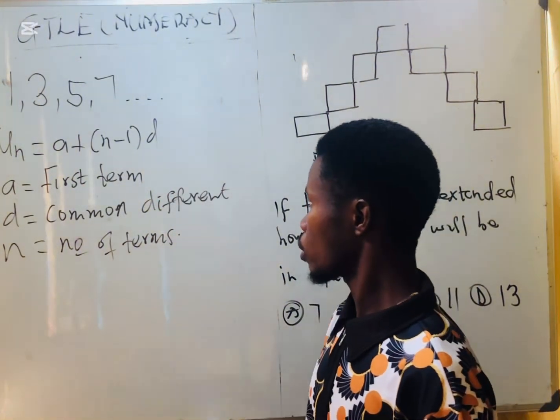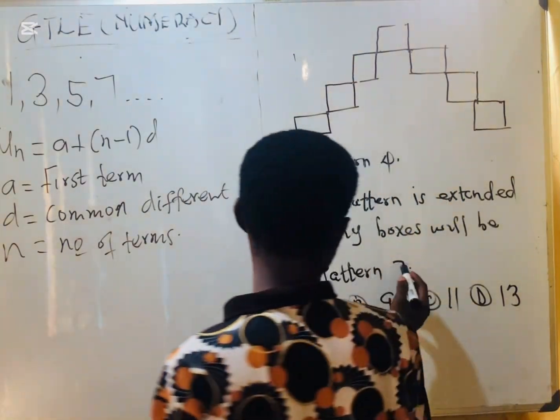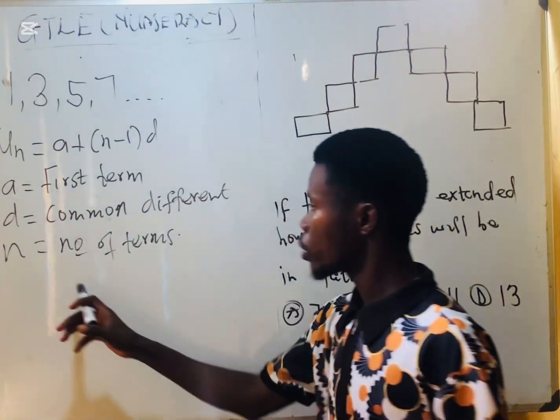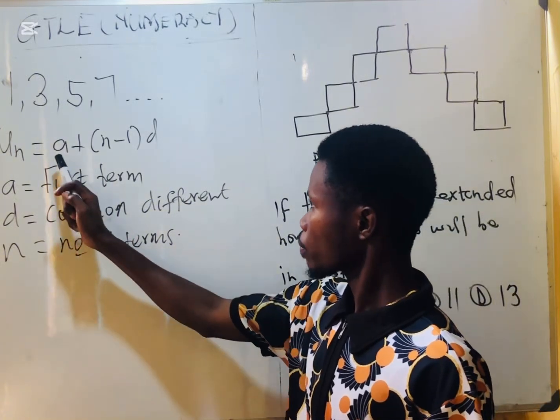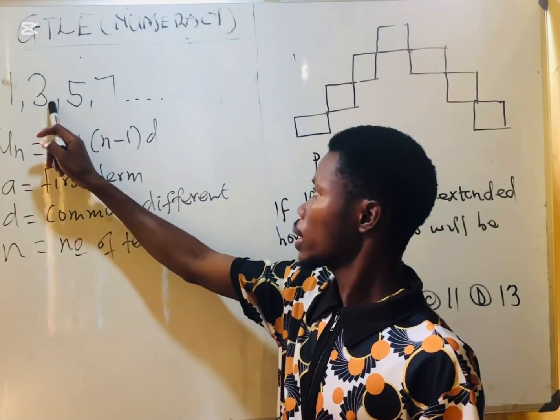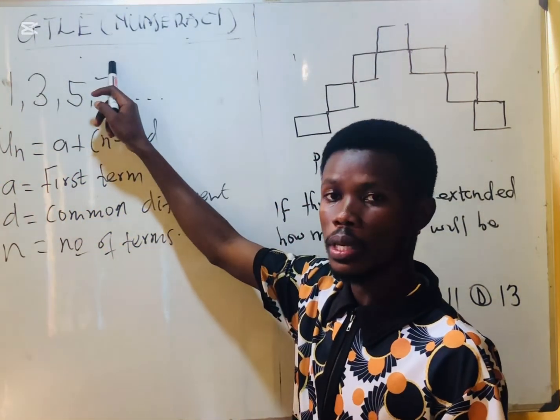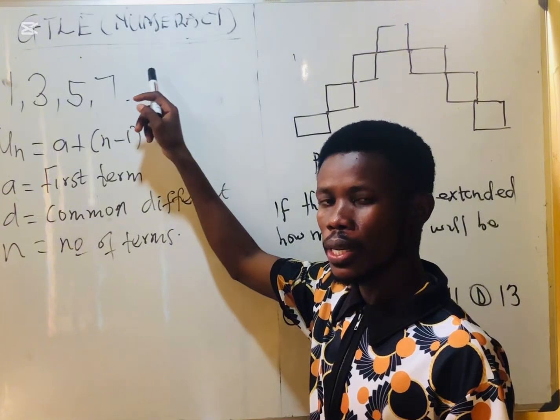Now let's look at what we can do to get the 7th term. First, you realize that this is the first number, this is the second number. So the first term, second term, third term, fourth term. We want to get the 7th term.